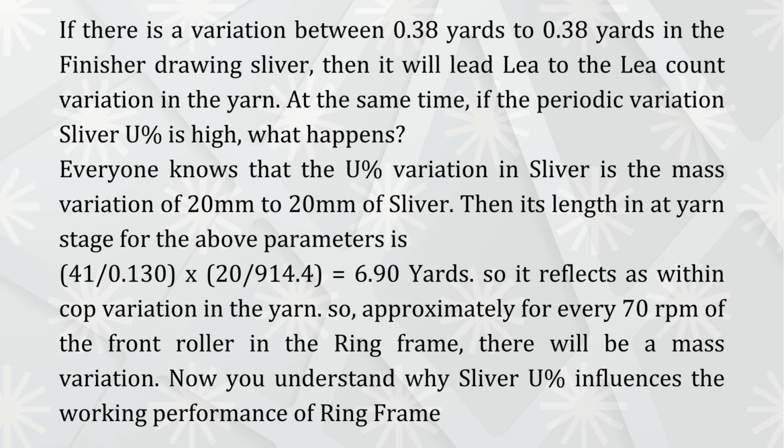So approximately for every 70 yards of yarn from the front roller in the ring frame, there will be a mass variation. Now you understand why sliver U% influences the working performance of the ring frame.